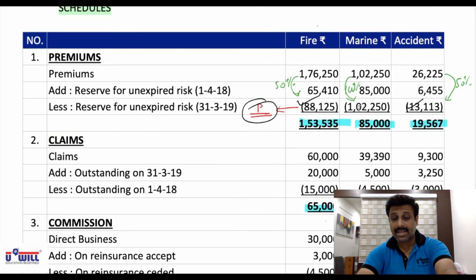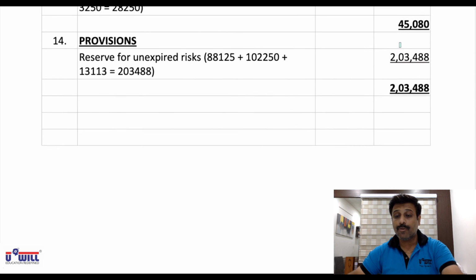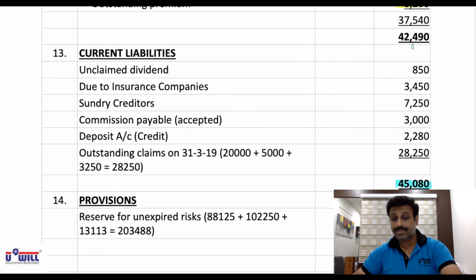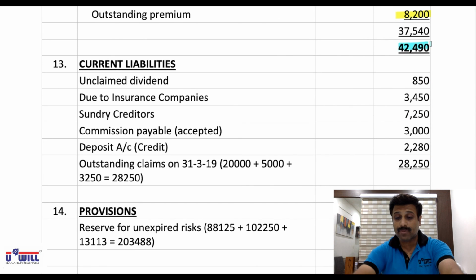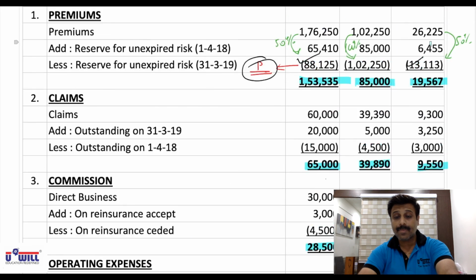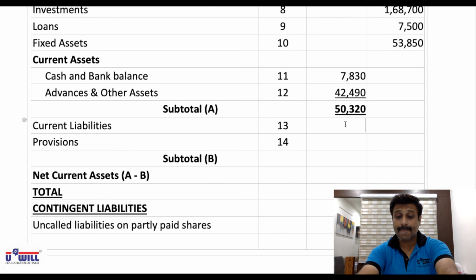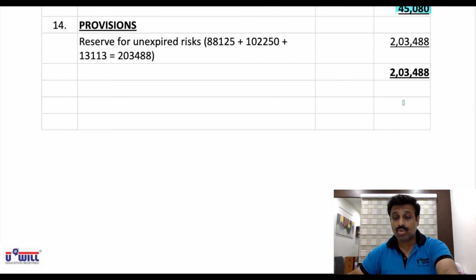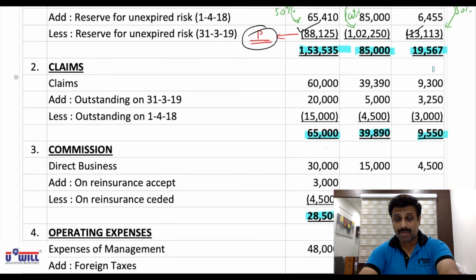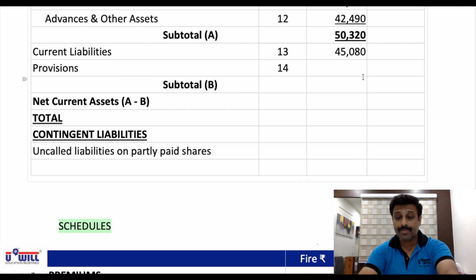Then current liabilities 45,080. Okay, current liabilities 45,080 and provisions 203,488. Okay, provisions 203,488. So subtotal B is 45,080 plus 203,488.